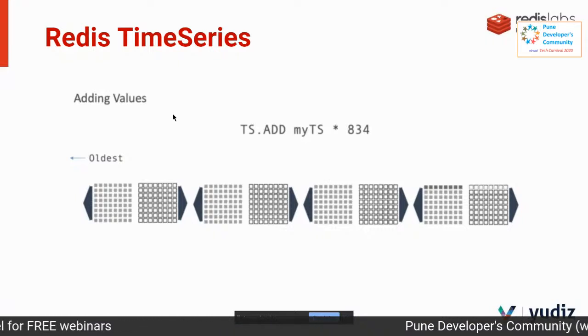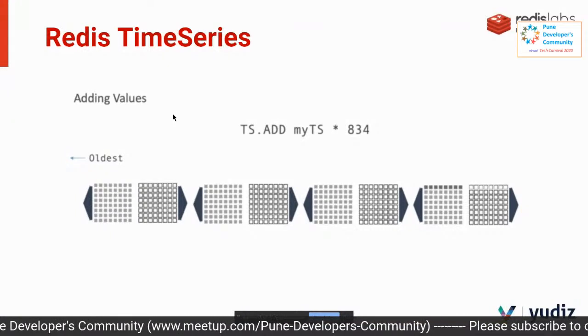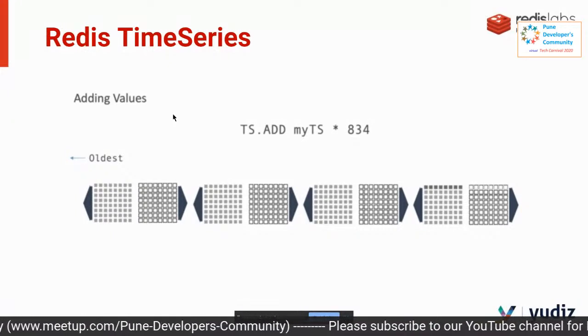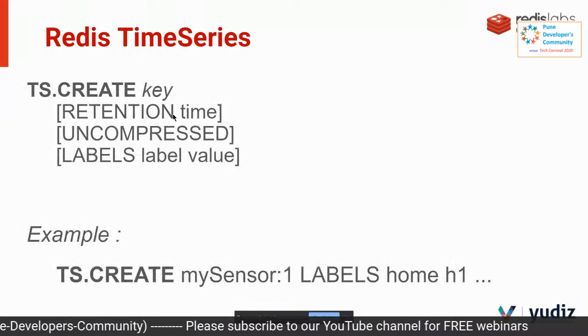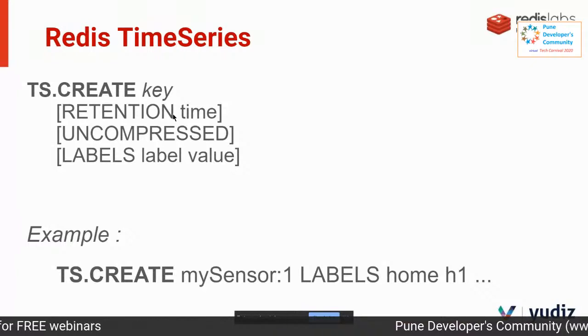But if it doesn't need older values, like a value older than 1 day, we can provide a retention time of 24 hours, and after 24 hours the values added into this time series will be automatically deleted.